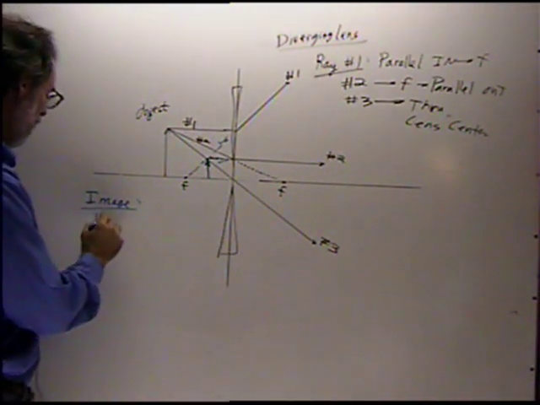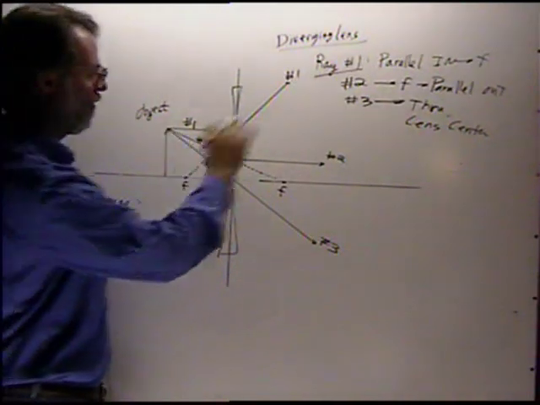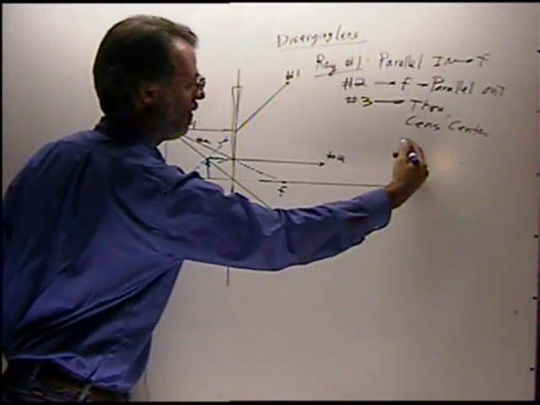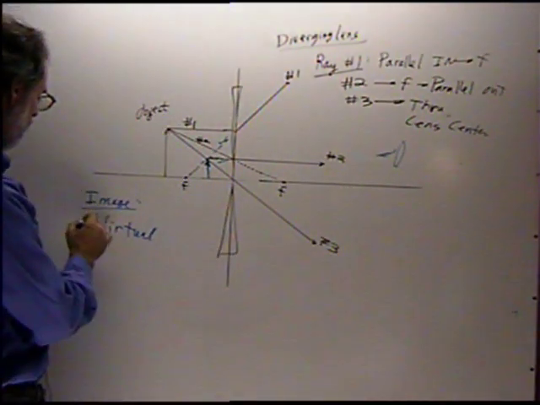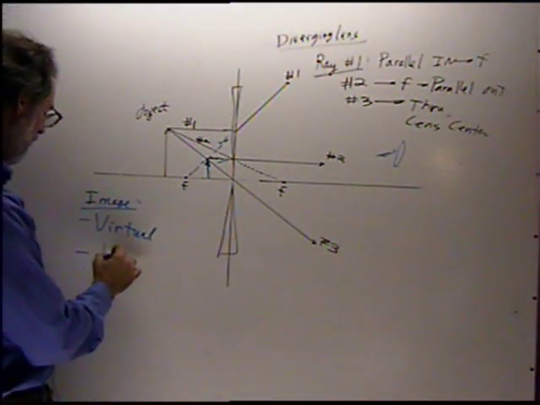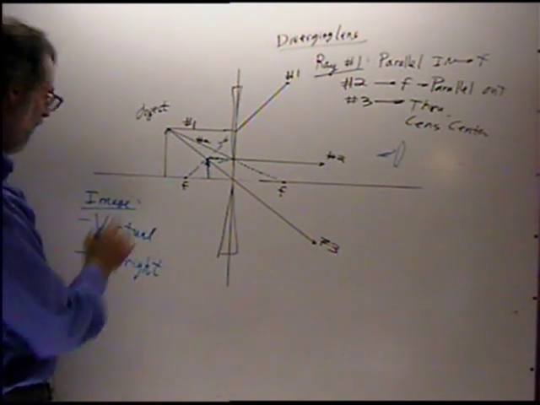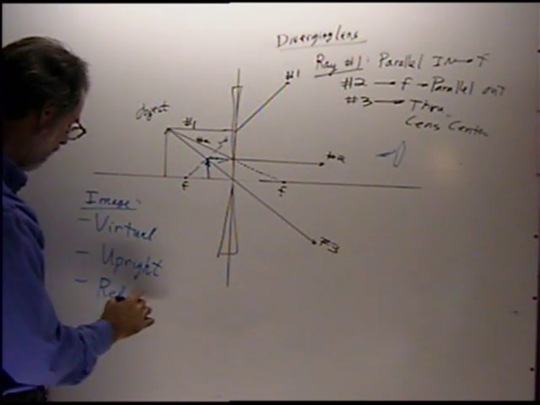Okay, so the image is a virtual image. You can only see the image if you're on this side of the lens, looking that way. Is it upright? Yes, it's upright. And it's reduced in size.